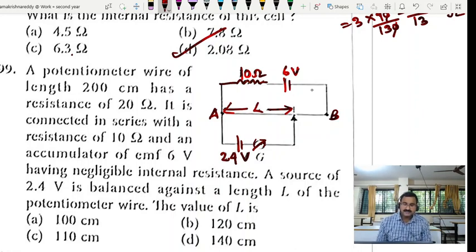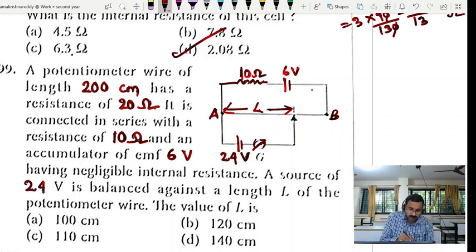It is connected in series with a resistance of 10 ohm and an accumulator of 6 volt having negligible internal resistance. A source of 2.4 volt is balanced against length L of the wire. What is the value of L they are asking?